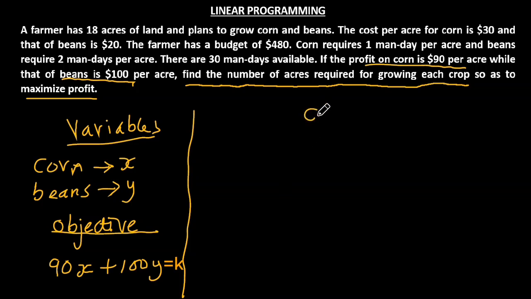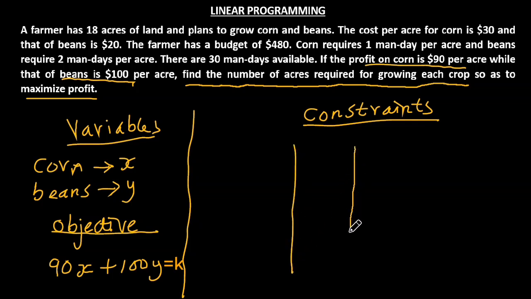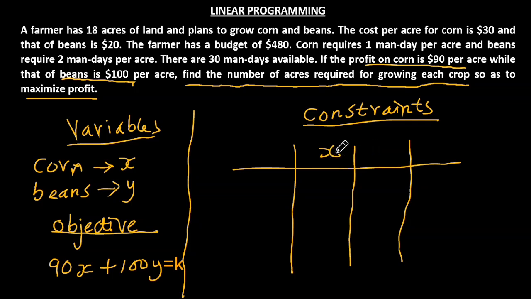The next requirement before answering this question is that I must also know my constraints. Constraints are restrictions. To organize my constraints properly, I should have a simple table that helps me organize my work. Therefore, the first variable, which is x, corn, I write at that point. The second variable is y. Then I identify my first constraint, and my first constraint is land.